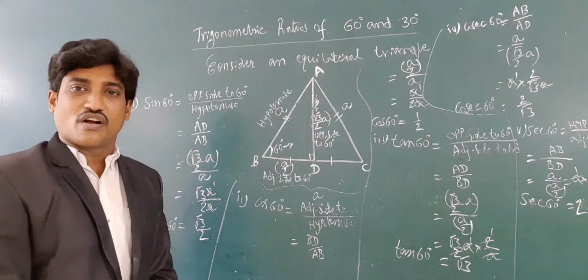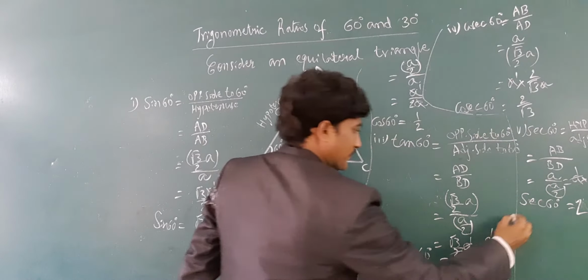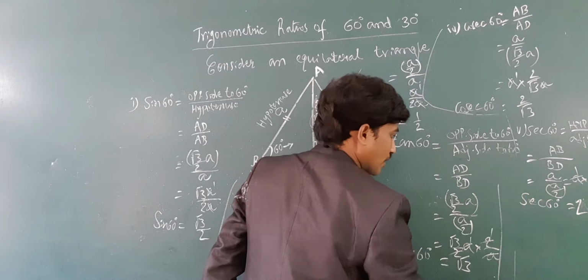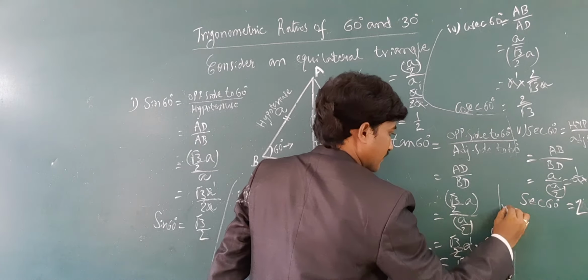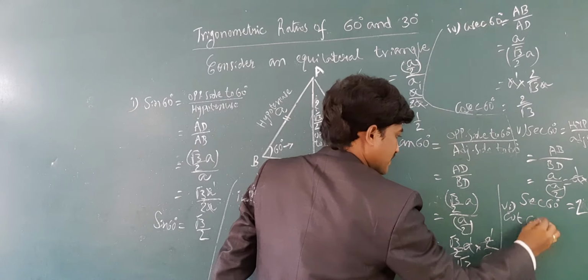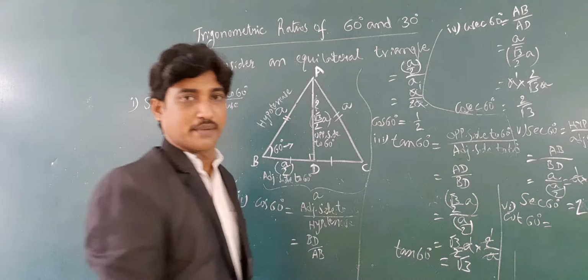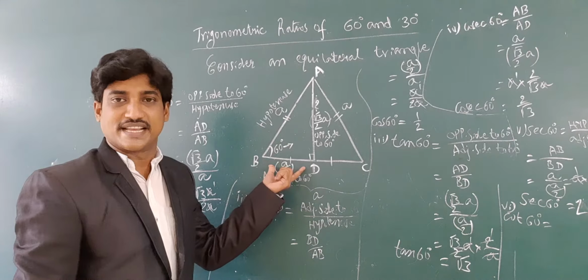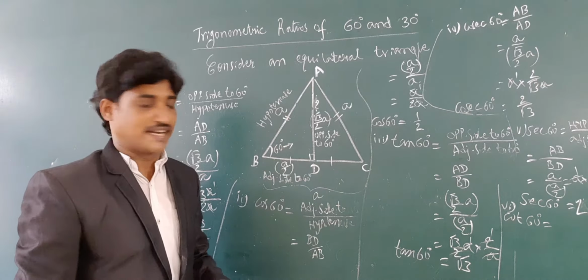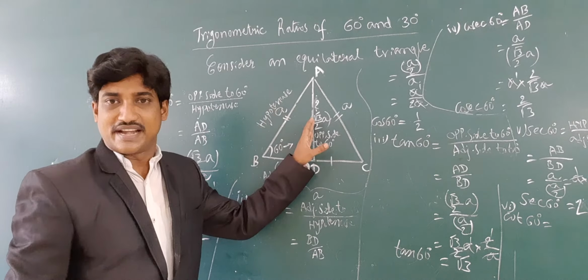Finally, cot 60 degrees. Cot 60 degrees is the adjacent side to 60 degrees by the opposite side to 60 degrees. That is BD by DA.